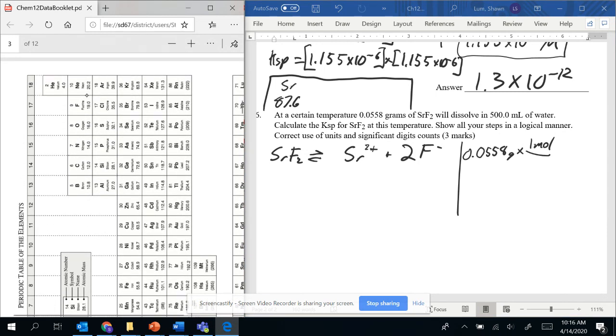So fluoride is 19.0. There's two fluorides, so we have to have 19.0 twice. So now I'm going to calculate the molar mass of strontium fluoride, which is 87.6 plus 19 twice, which equals 125.6.